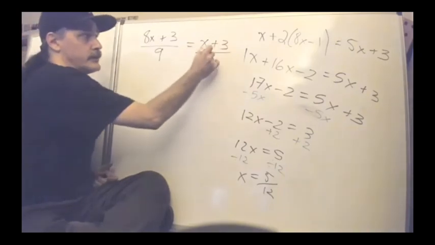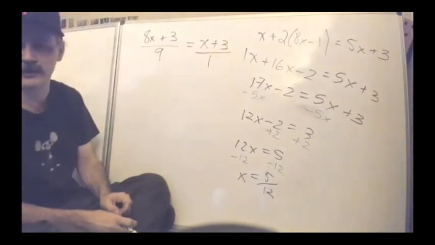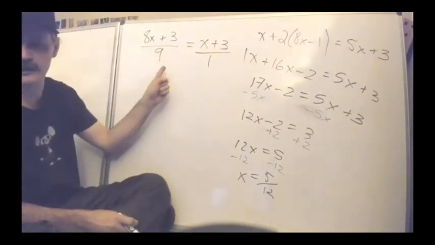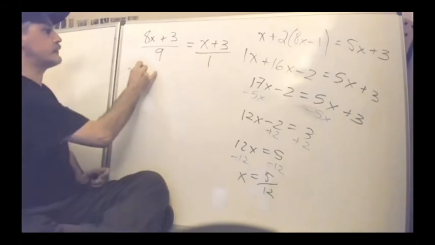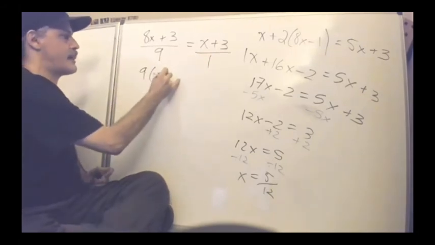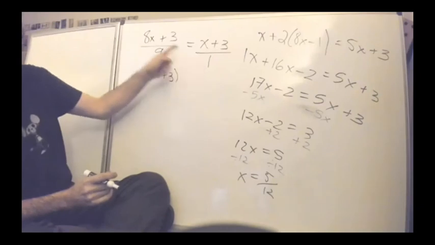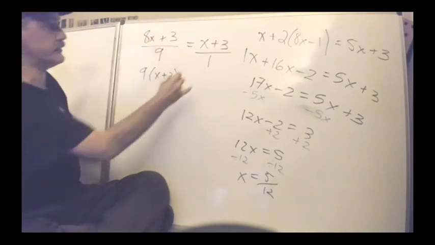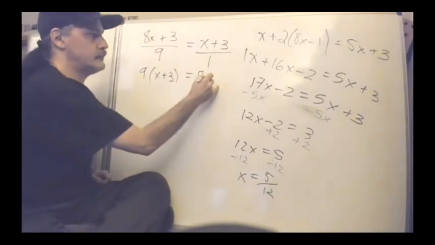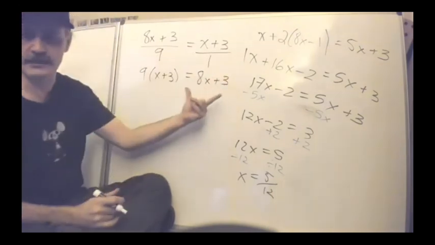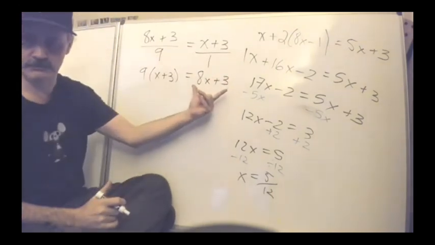So we can put a 1 under this, and now we can cross multiply. So 9 times the x plus 3 equals 1 times the 8x plus 3. Well, 1 times anything is the same thing, so that's why I just wrote that.